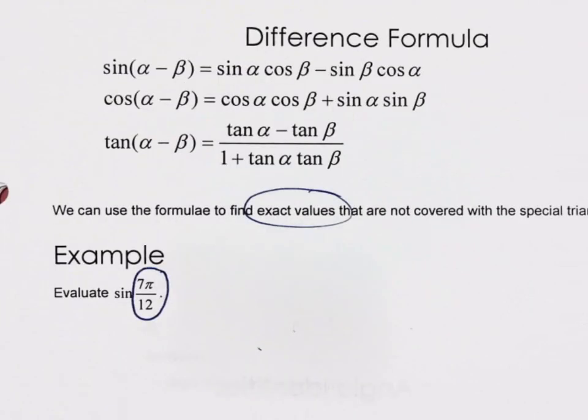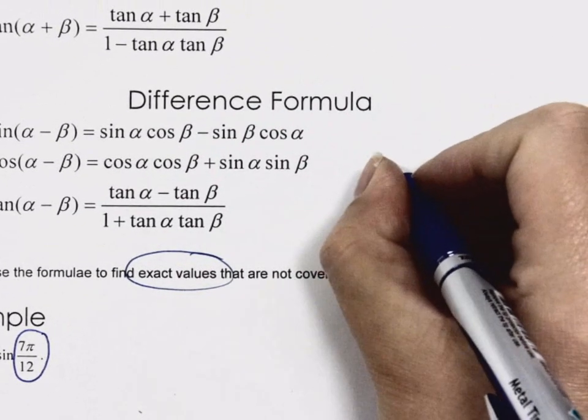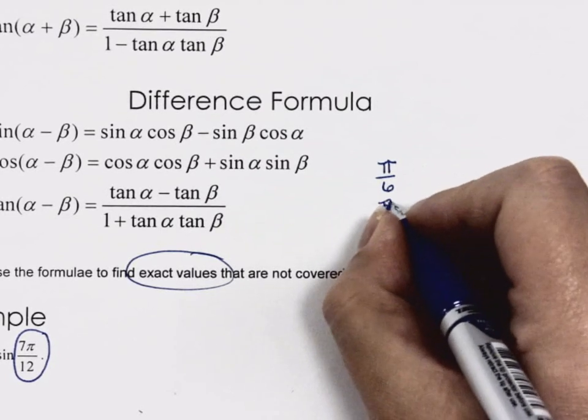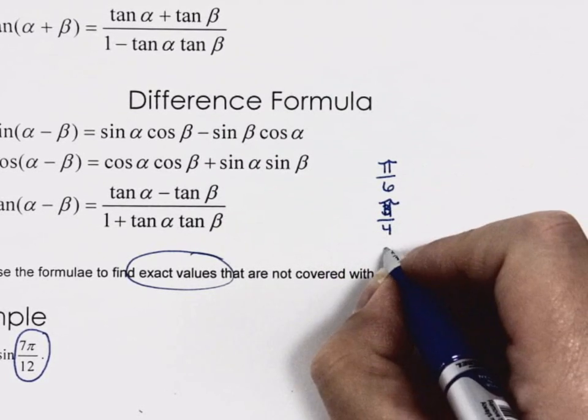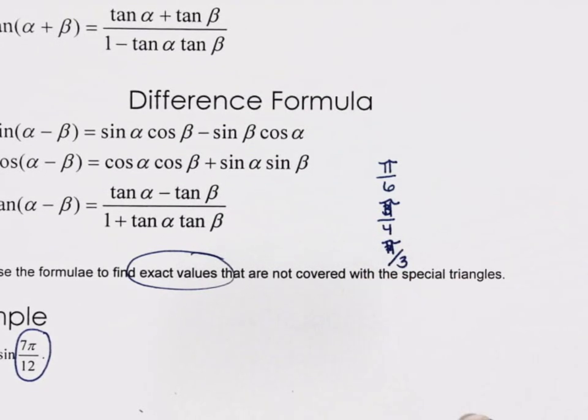I'm going to do adding first because that's probably the easiest. Find two that add up to 7 pi over 12. Okay, maybe let's back this bus up. We know we have pi over 6, pi over 4, and pi over 3.